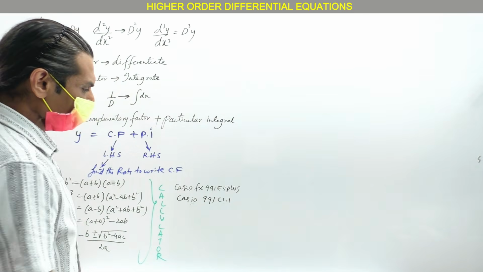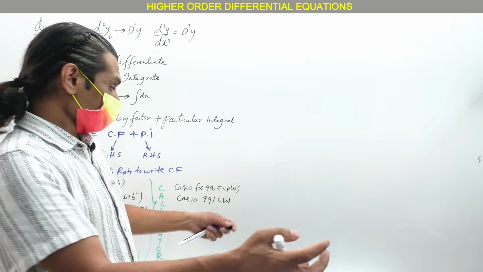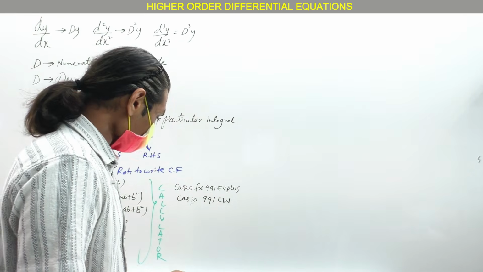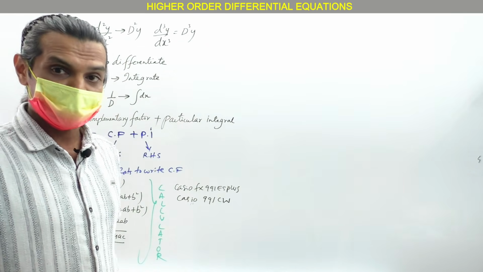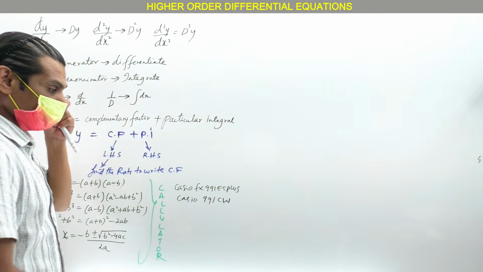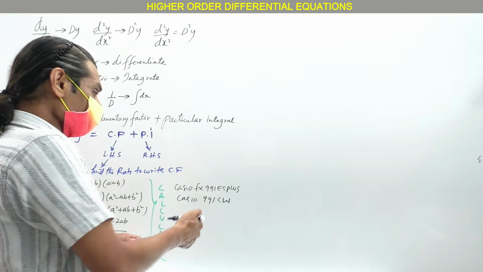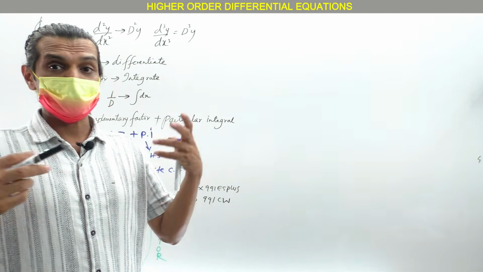Earlier for the 18 scheme, 17 scheme and up to 21 scheme, they used the Casio 991S plus, first or second edition, both are same. Now this calculator is very common among engineering colleges, the Casio 991 CW, a little more advanced, but Casio FX 991S plus is very easy to operate.